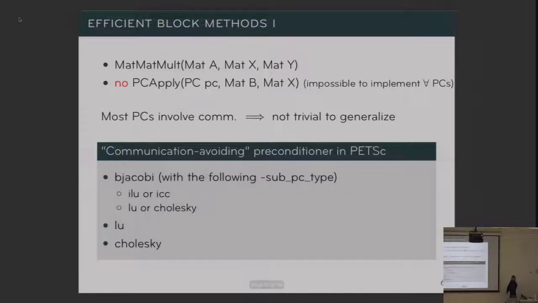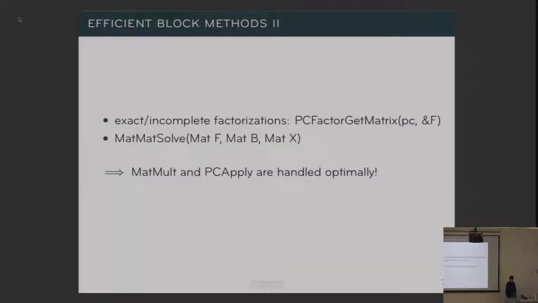Fortunately, there are some communication-avoiding preconditioners in PETSc, which are really simple, but those are the block Jacobi methods with either incomplete factorization or exact factorization in the subdomains, and also direct factorization for the complete matrix. So that way, we can actually use those tools and define block methods that are optimal.